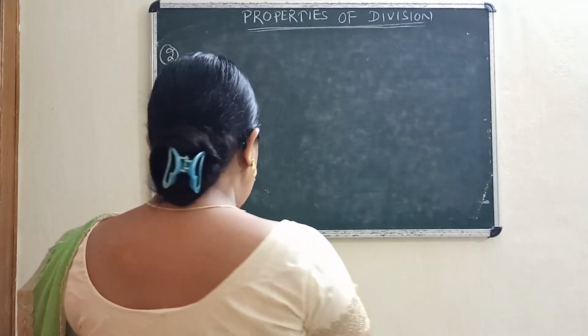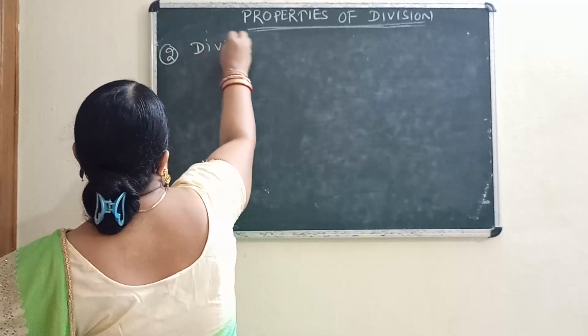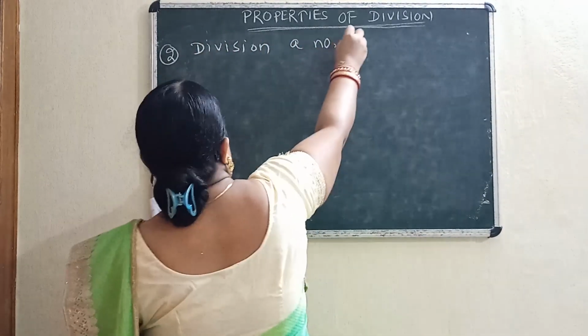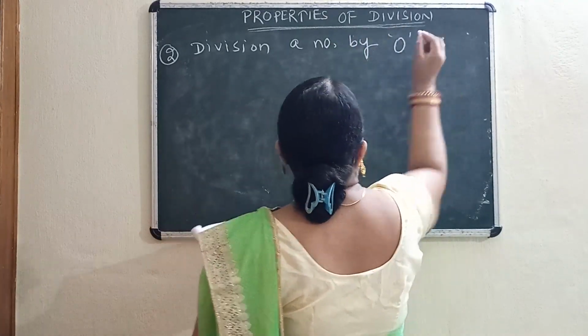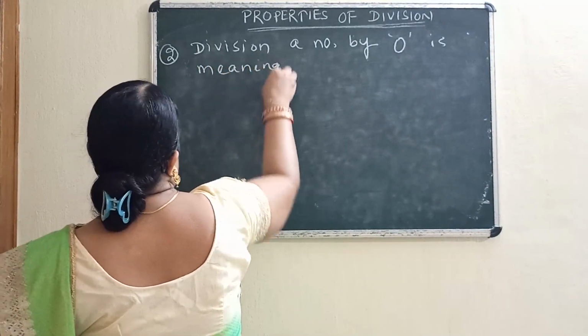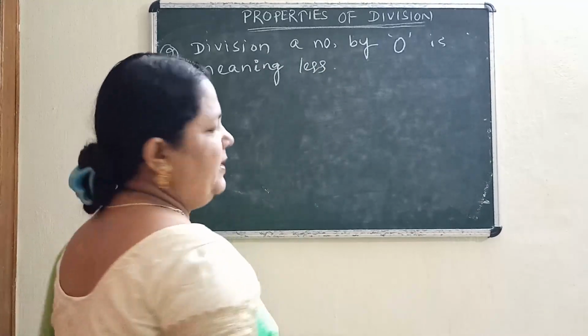What is property 3? Division of a number by 0 is meaningless. What do you mean by meaningless?